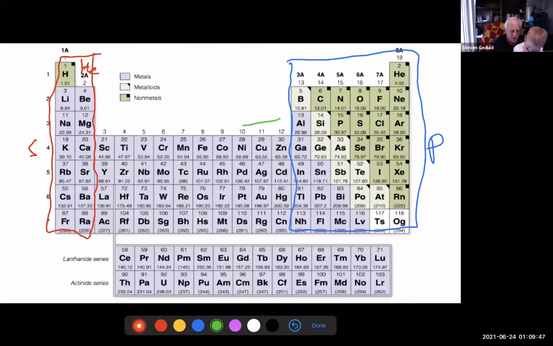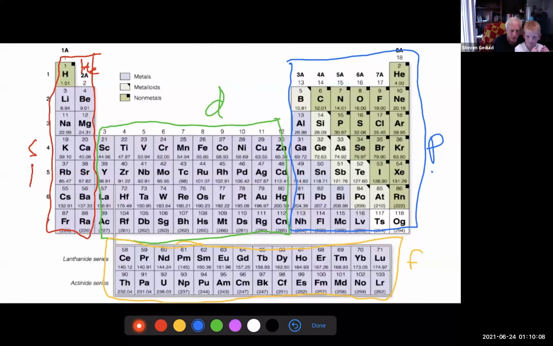This middle section is our D's. And this section on the bottom here is our F's. S's always start with 1, P's start with 2, D's start with 3, and F's start with 4.